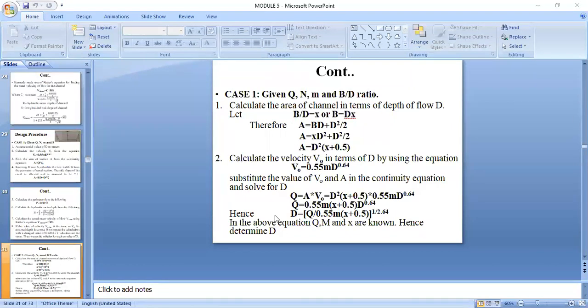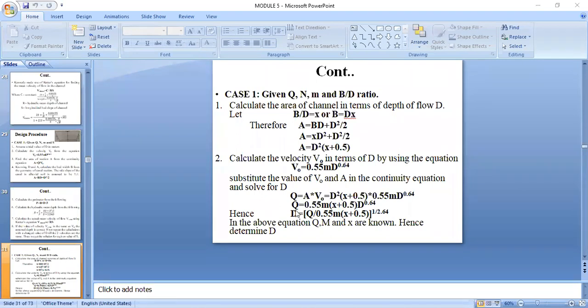So now you have to consider B by D equal to some value, that is X. Thereby you will get an equation to calculate the area, that is D² (X + 0.5). Then you need to calculate the mean critical velocity. Again, you have to substitute the value of critical velocity and area in the continuity equation.